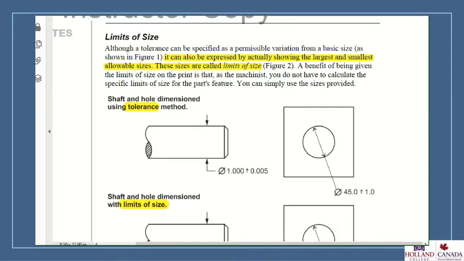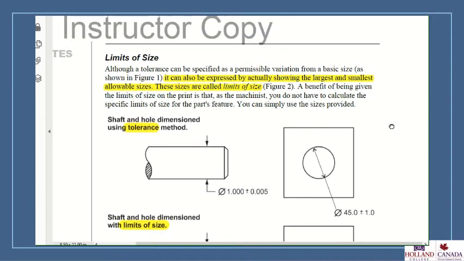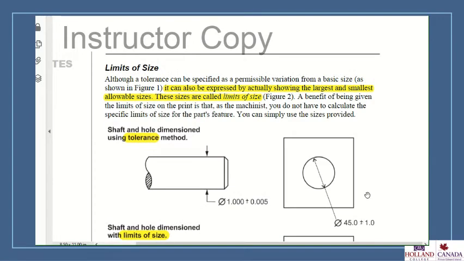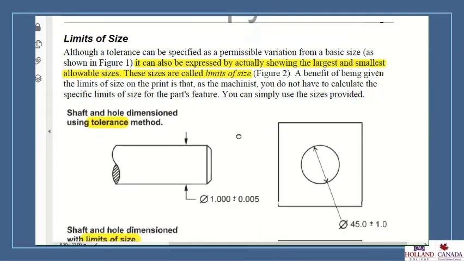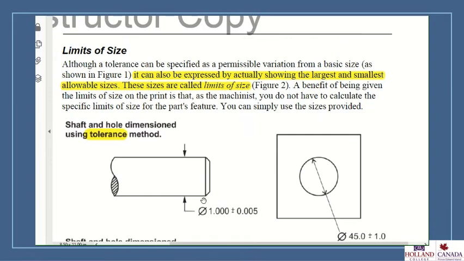A benefit of being given the limits of size on the print is that as a machinist, you don't have to calculate the specific limits of size for the part's feature. You can simply use the sizes provided. So when we look at figure number 2, if we look at this shaft and hole dimensioned using the tolerance method, we have 1 plus or minus 0.005 and 45 plus or minus 1.